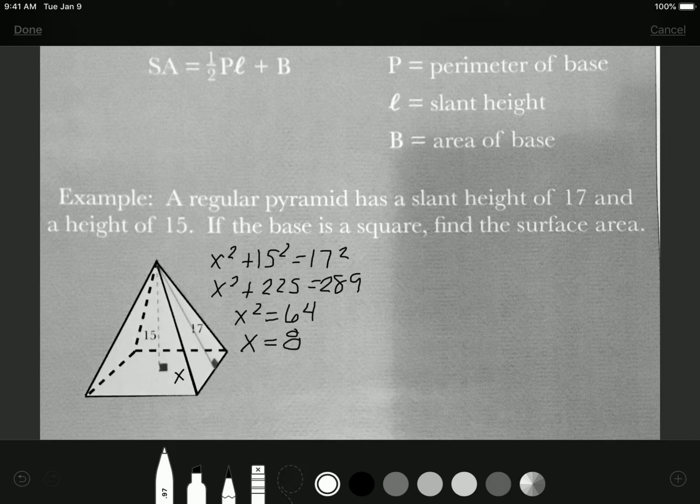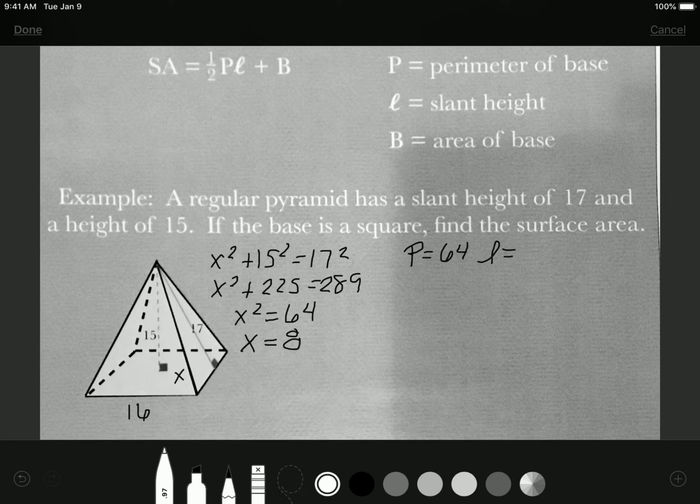Now that is only half of the square. So our side of the square is actually 16. So for the perimeter of our square, we're going to add 16 plus 16 plus 16 plus 16, or just do 16 times 4. So our perimeter ends up being 64.